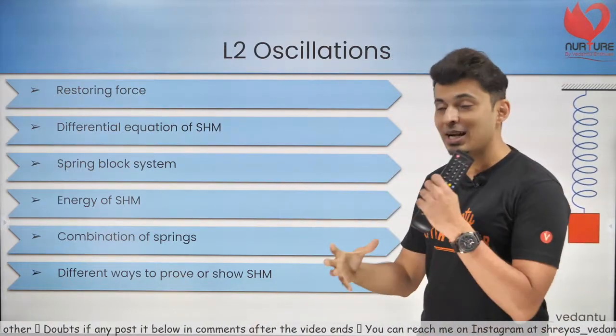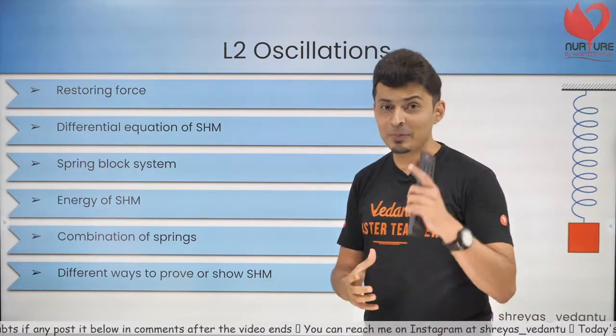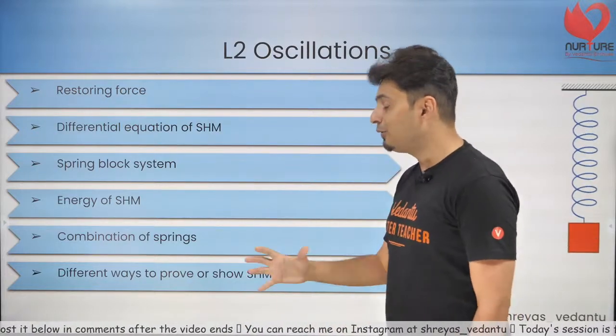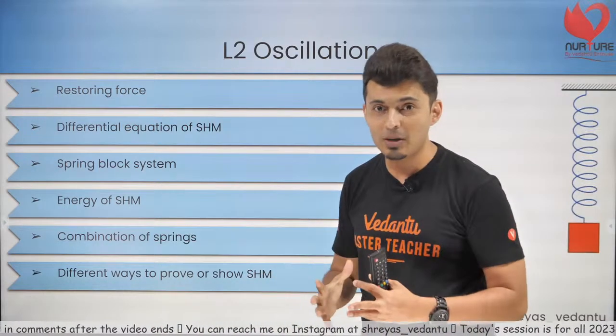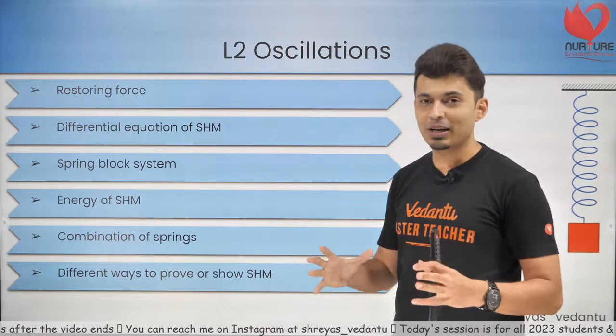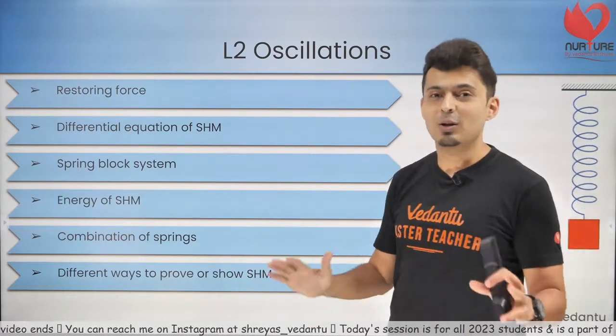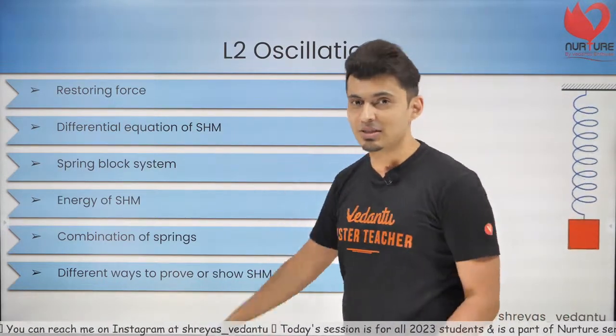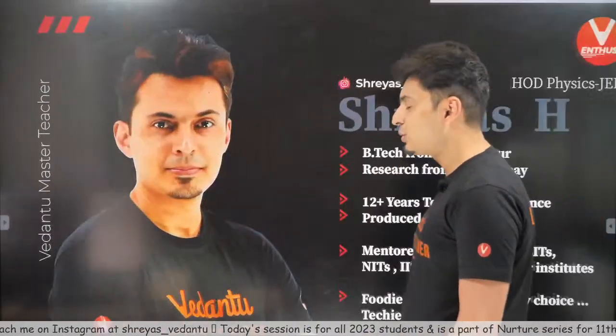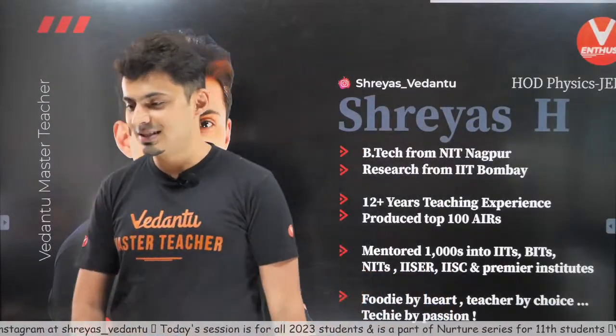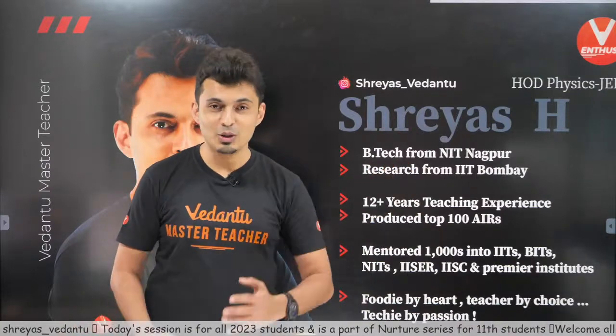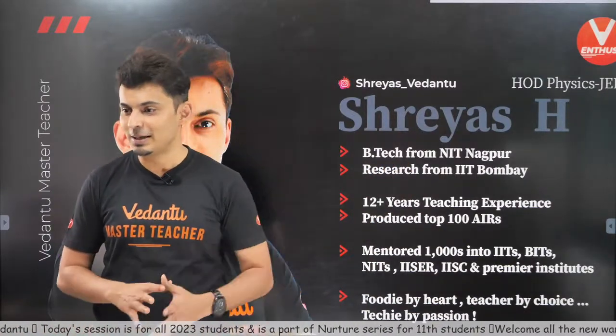And then how do we combine springs in series and parallel? And yes, we're going to have different ways of solving SHM problems, and you will be fascinated looking at those ways. And yes, we're going to have lots and lots of problems along with the homework questions, and also the students who have solved the homework questions, I'll be showing them to you in a bit.